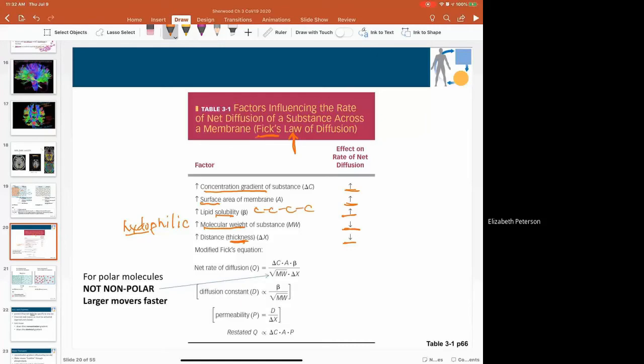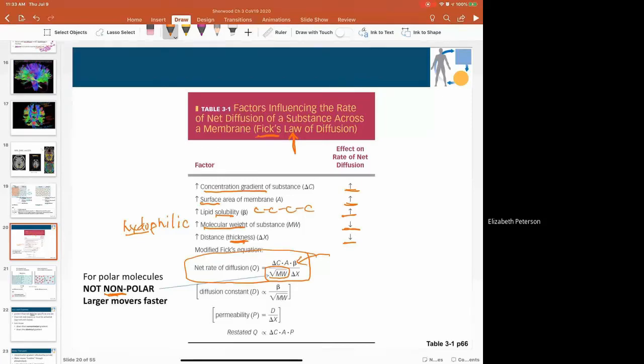So he came up with this equation here for net rate of diffusion. Now he's talking here about nonpolar, he takes the square root of the molecular weight. That's of a nonpolar molecule. He's got lipid solubility in the numerator.